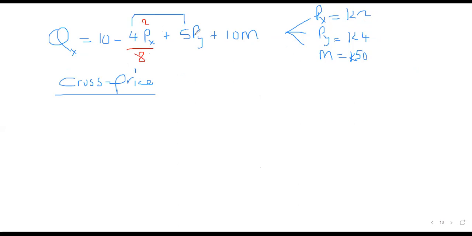For the price of good Y, you put 4 kwacha, and you get 20. The income is 50 kwacha, which gives 500. So we add: 10 minus 8 is 2, then 2 plus 520 gives a total of 522. So the quantity, or the sales, is 522.